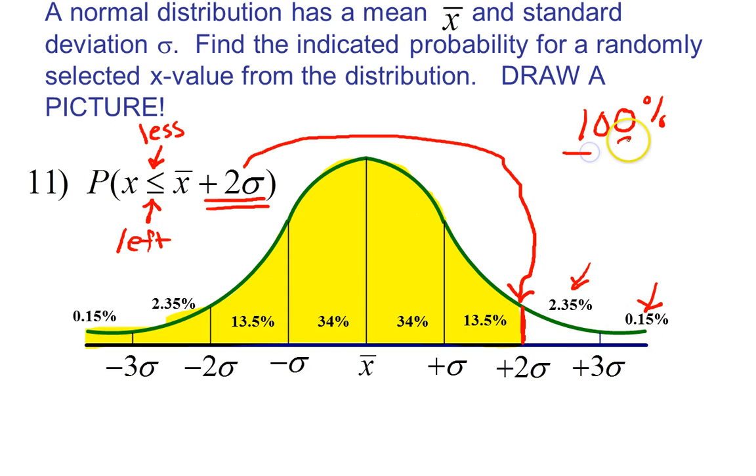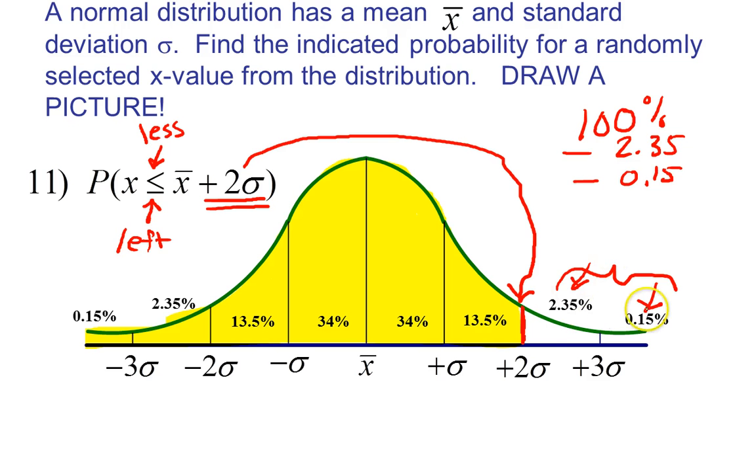So I could subtract 2.35 and I could subtract 0.15. If you want to do it in your head, you would recognize what percentage these two numbers are put together.